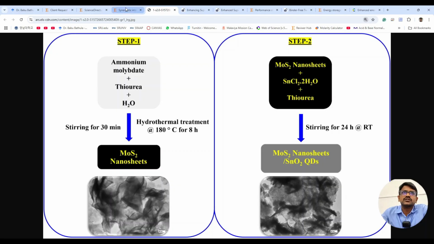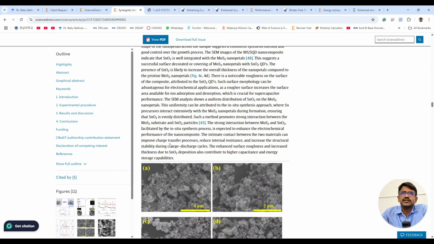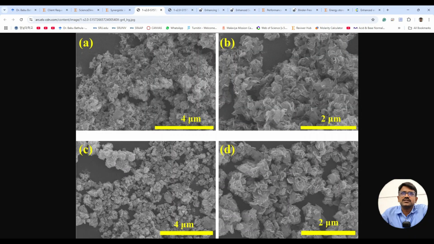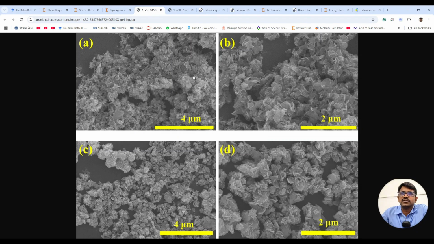I'll show you the images also. The first two images are pure MoS2 nanopetals.